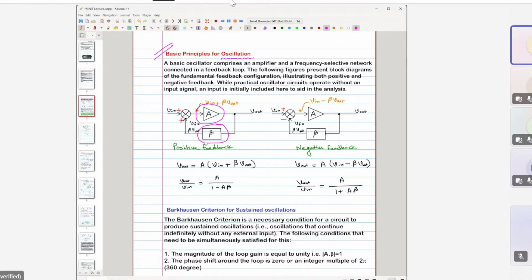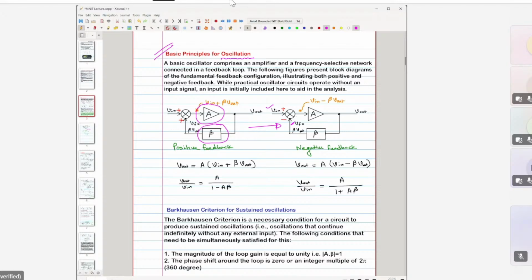We'll go into more detail. Now, if you see the circuit drawn beside it, what is the difference here? You see, it is plus and minus, so that means this signal and this signal are out of phase.